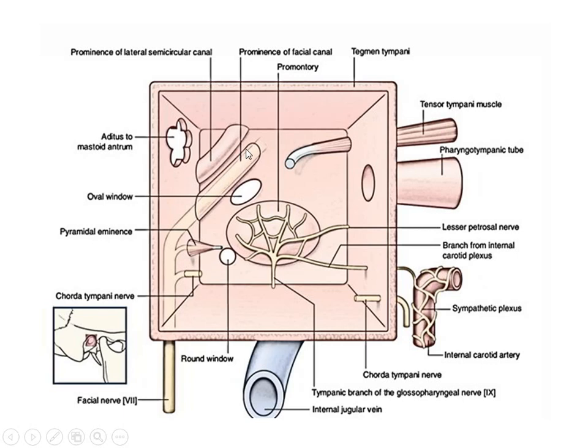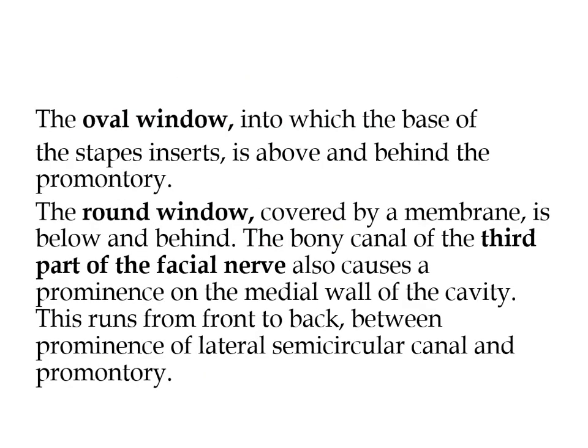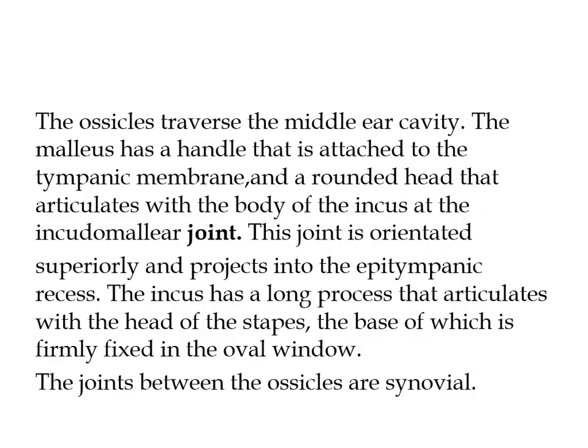And there are two windows in this wall: the oval window, which is the base of the stapes insertion, and the round window. There is also a canal for the third part of the facial nerve.